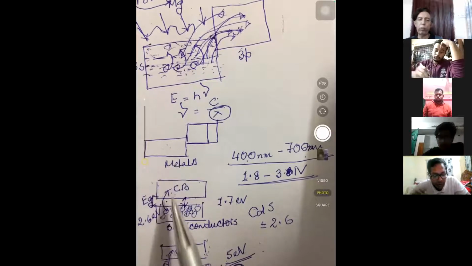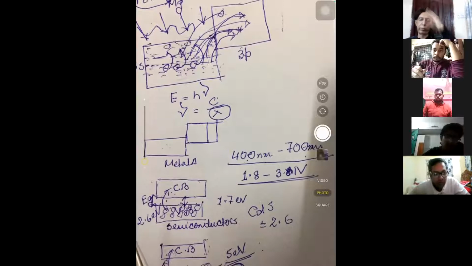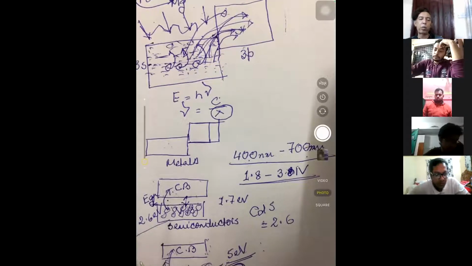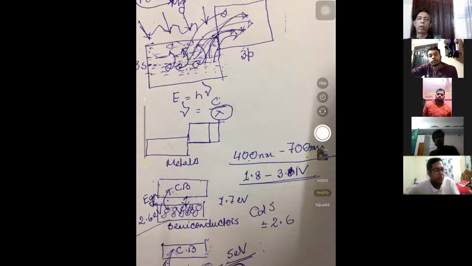Now, light falls on this cadmium sulfide. What will happen? Visible light is a collection of waves of 400 to 700 nanometer.